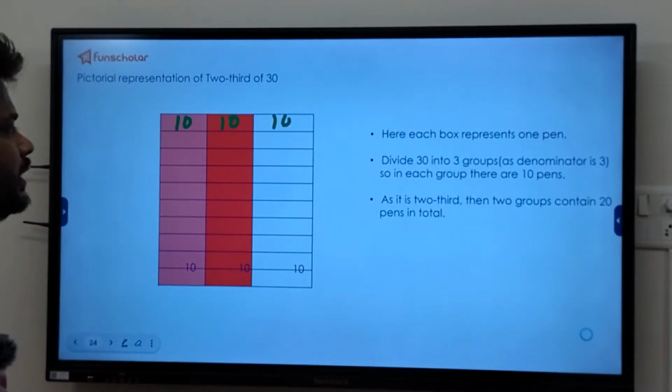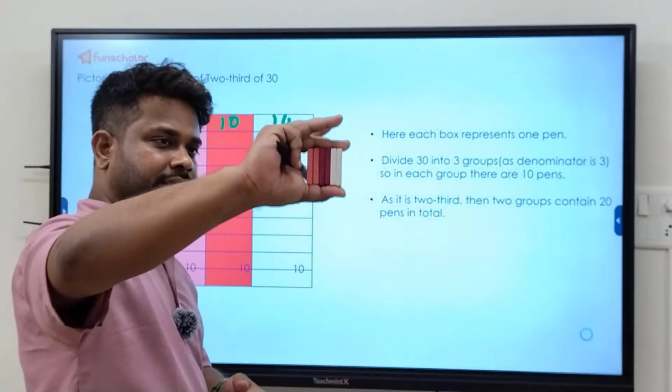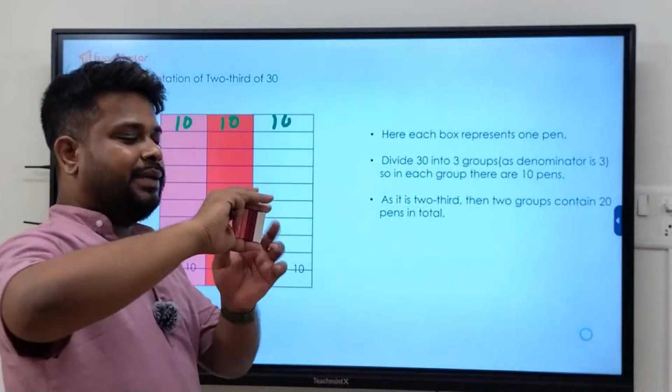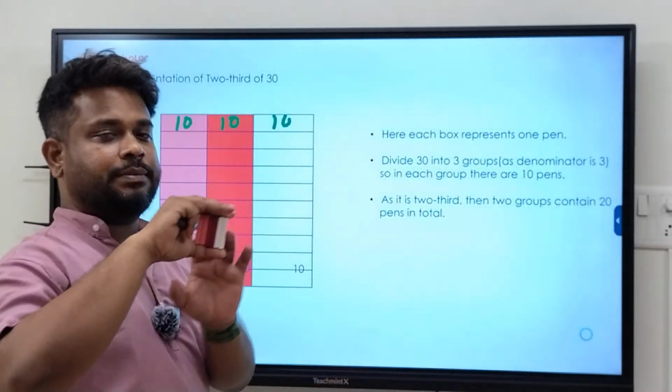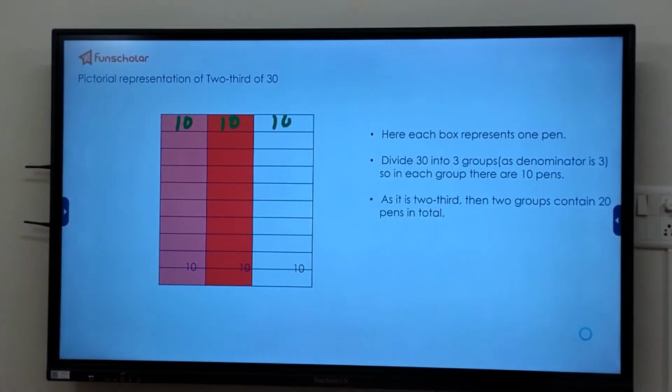Every box contains 10 pens, and we are dividing it into 3 groups, represented in the same colors.